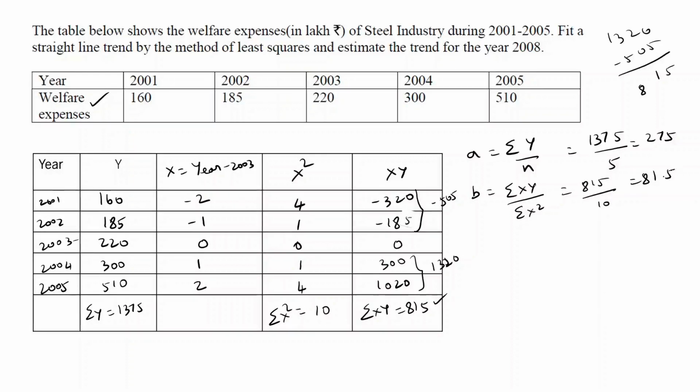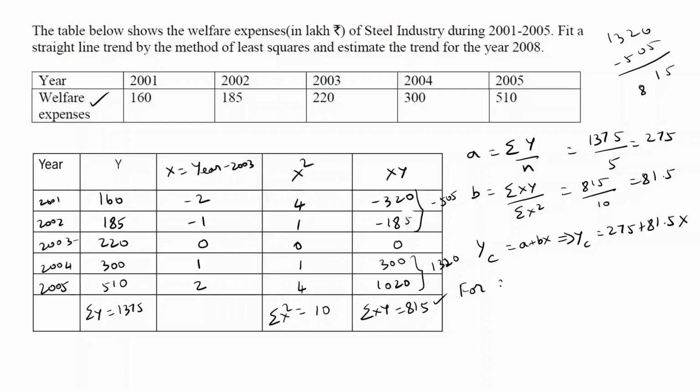So this is 81.5. So we can write the trend line given by Y is equal to a plus b into x, or Y is equal to 275 plus 81.5 into x. So this is the trend line which is required for this data.